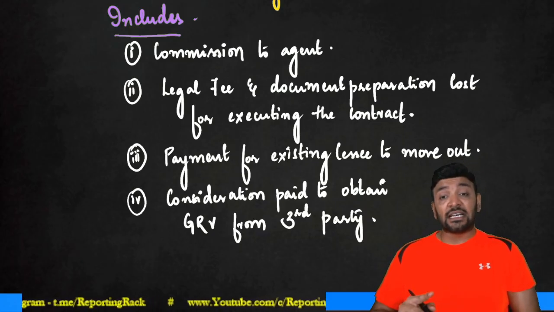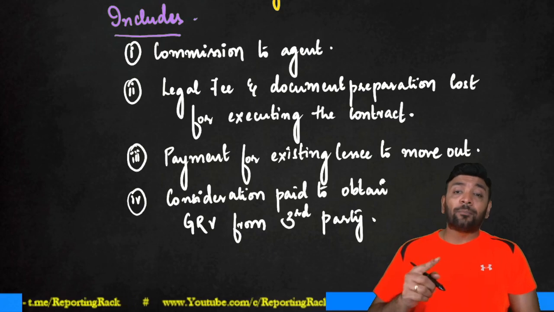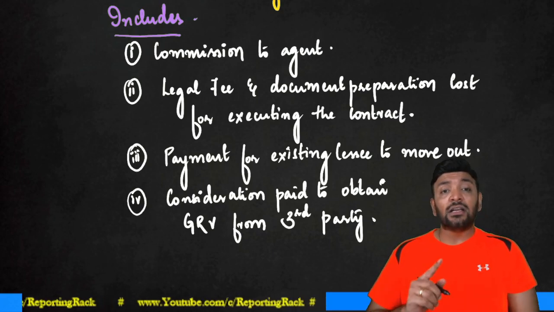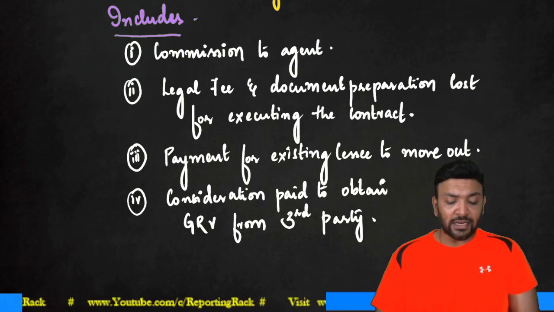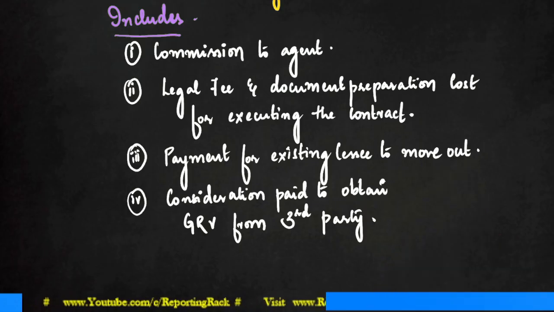That amount of consideration paid to the agent to obtain a GRV from the third party shall also be included in the initial direct cost. Please have a look at this initial direct costs. These are costs incurred which are incremental costs linked directly to the obtaining of lease.